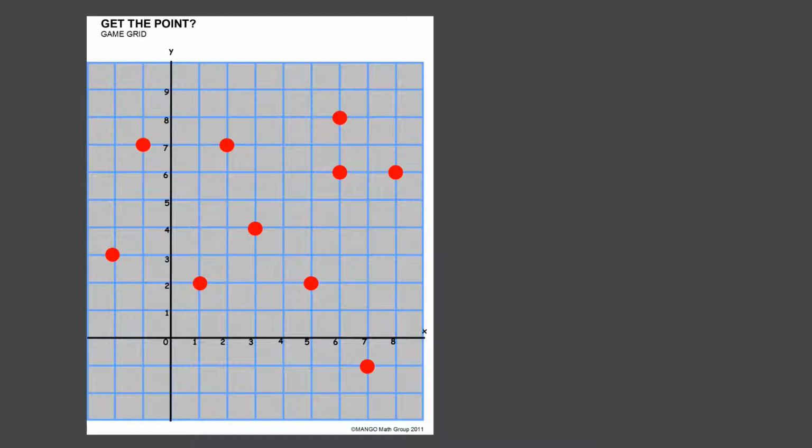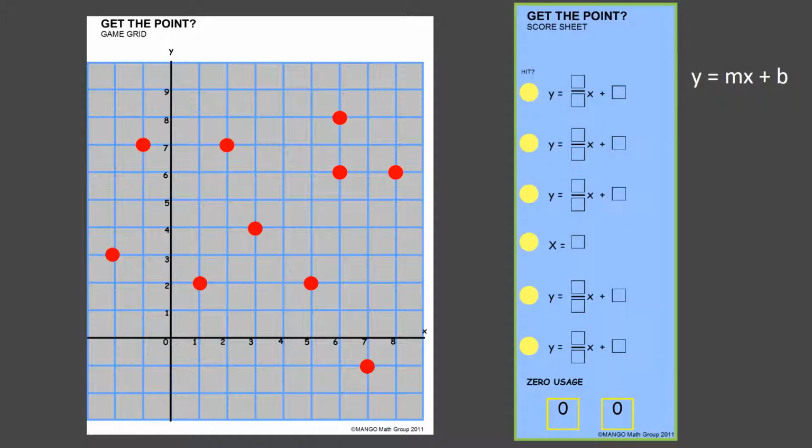Once they have their points on the grid, they will use their score sheet, and each student will have their own score sheet. They are going to use their score sheet to solve for slope-intercept, which is y equals mx plus b. So they can choose any number between -9 and 9 to fill in the squares that make that slope-intercept equation.